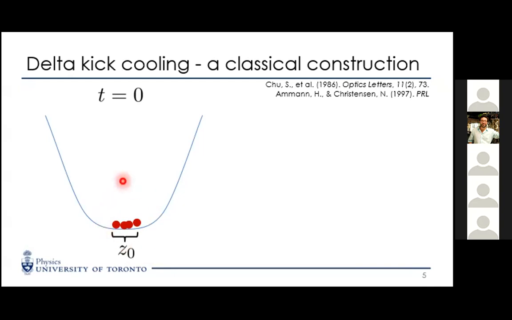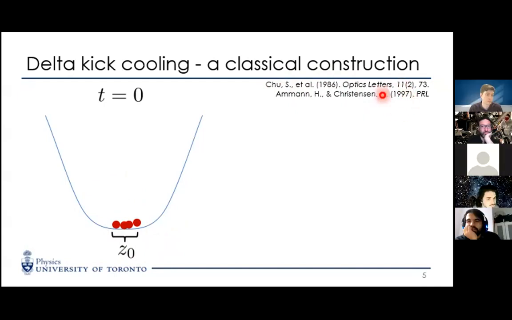But in the classical construction, all that's required is that the initial cloud of particles is tightly confined to some region Z0. I should mention that this was originally conceived in 1986 by Chu et al., but it was extended to a quantum description where the particles are wave packets in 1997, but still non-interacting.